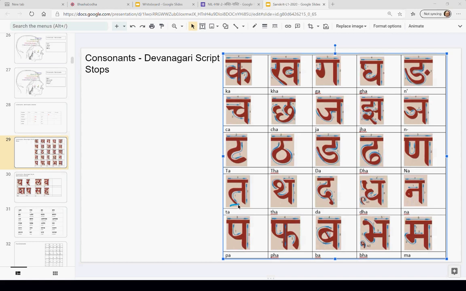So you can use anta, andha, etc. And then for the ma, like we have pump. This is simple. So then in Sanskritam we have ambara.